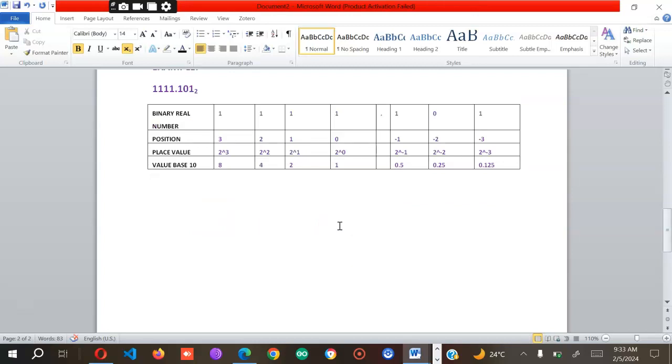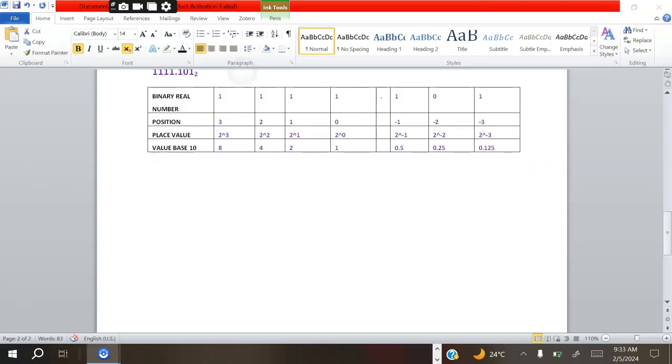So I will multiply 8 by 1 plus 4 multiplied by 1 plus 2 multiplied by 1 plus 1 multiplied by 1.